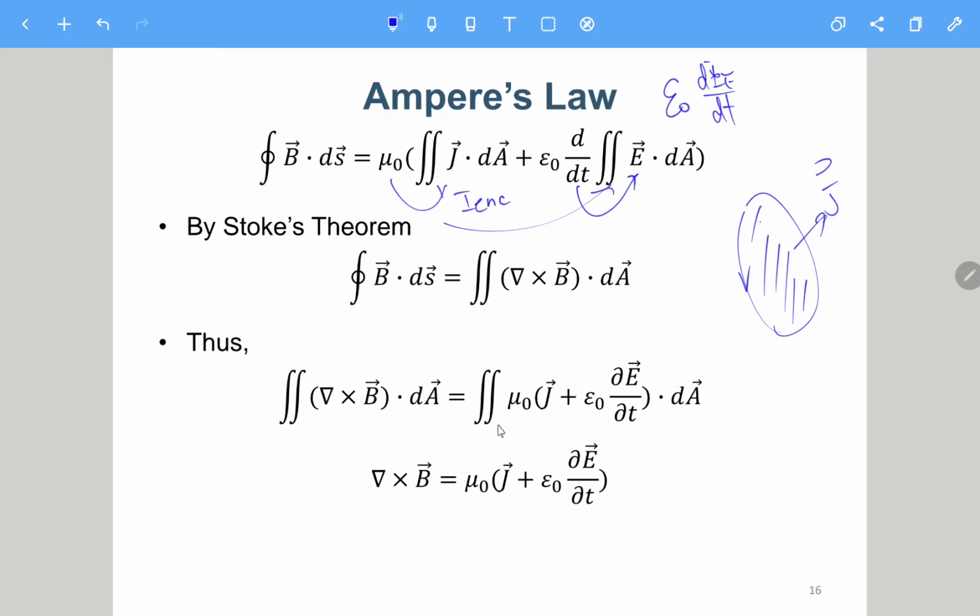Similarly, these two double integrals are equal for an arbitrary area, so the integrands should be equal, which means the curl of B equals mu naught times J, the current density, plus epsilon naught times partial E partial t. So this is the differential form of Ampere's law.